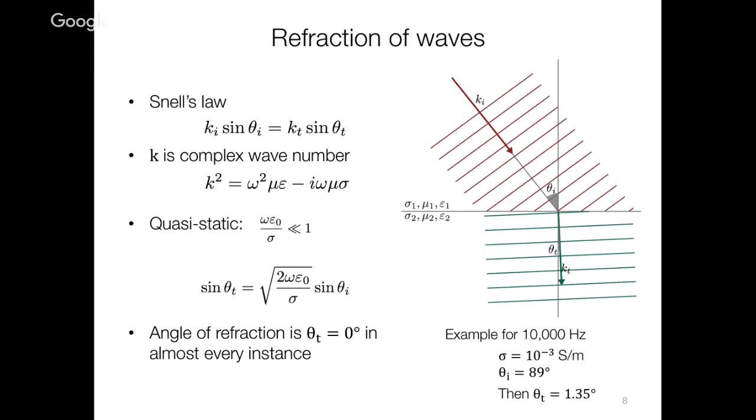So the angle of incidence could be anything, even 89 degrees, something coming in at almost horizontal, hits the Earth and just gets traveling straight down. That's why when people talk about magnetotellurics, they often say, I just got a vertically propagating plane wave coming down. But it's because everything that hits the Earth's surface propagates right down.